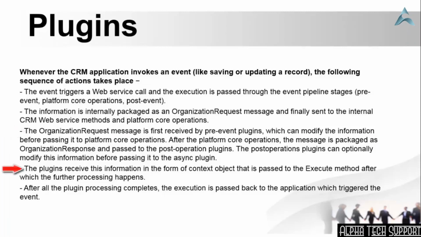The plugins receive this information in the form of a context object that is passed to the execute method, after which further processing happens. After all the plugin processing completes, the execution is passed back to the application which triggered the event. That was about the actions that take place whenever an event is invoked.